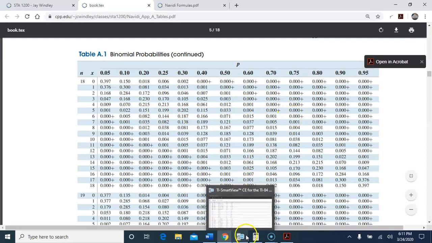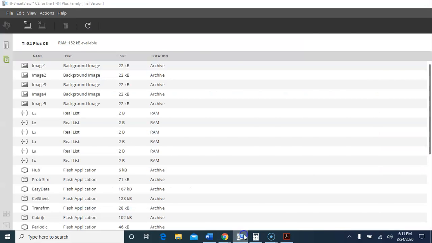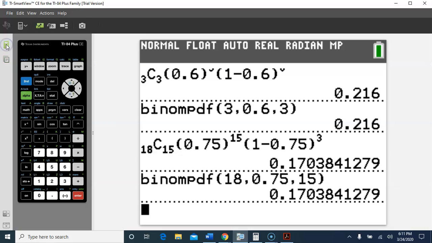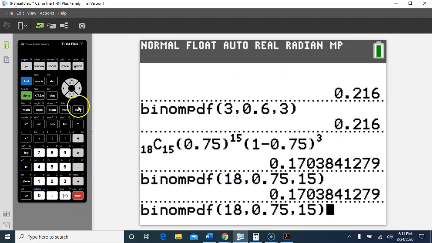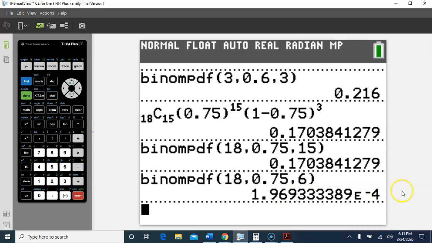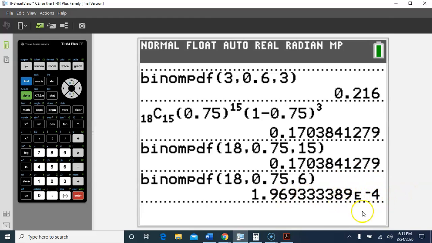If we go back to the calculator, for the probability of 6 successes, 18 trials, probability of success 0.75, and the probability of 6 successes. It's not 0, but it's a number small enough that it's written in scientific notation.